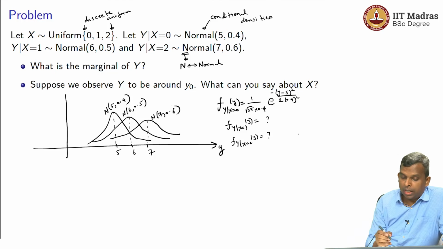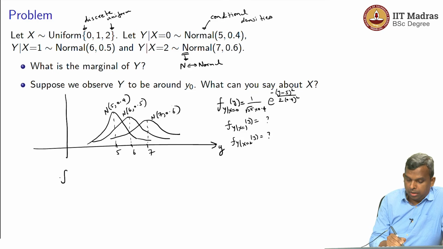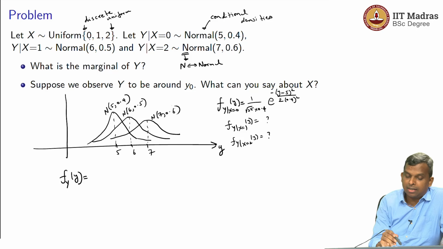So what I'll do is write the distribution for y. This is the sum over every value of x in the range of x, which is 0, 1, and 2. Probability that x takes value 0 is 1 by 3, since it's uniform.